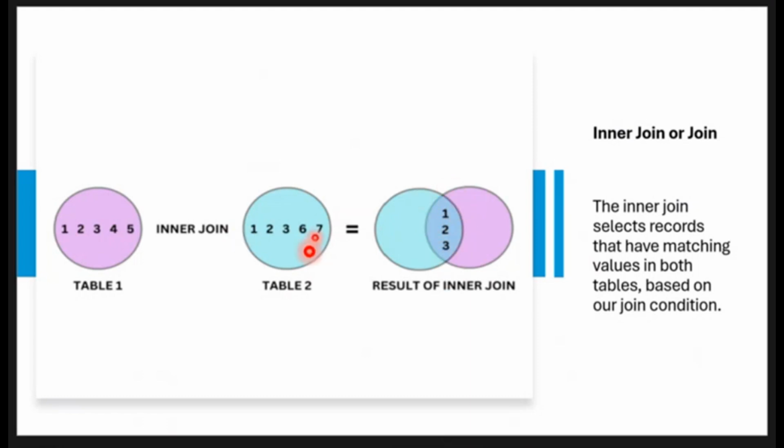When we visualize this in mind, these two Venn diagrams combine at the overlap portion, which is common between the two circles. The result of the inner join will be the common portion. So 1, 2, 3 is the only thing common between these two tables, and that is why the output of the inner join will be only 1, 2, and 3.